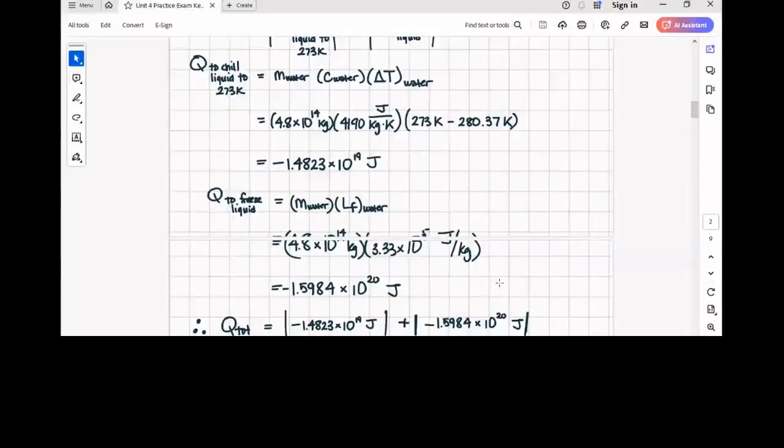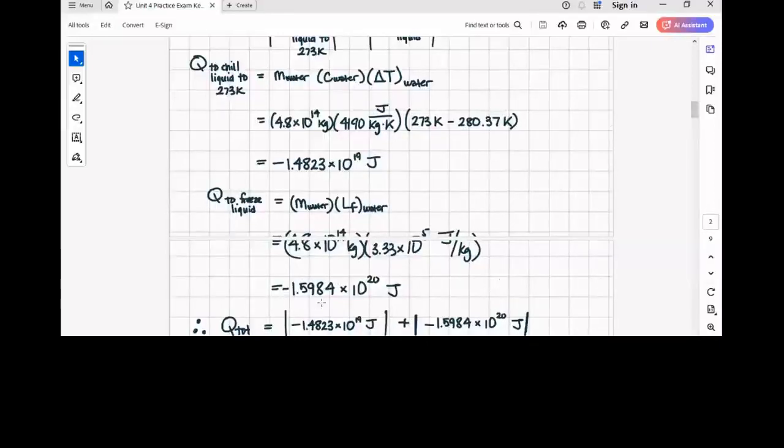Remember, latent heats do not have the temperature unit in the denominator because that process is associated with a phase change, but not a temperature change. So multiplying mass times energy per mass is just going to leave you with an energy. And I'm treating this as a negative because I know this is the heat that the water has to lose in order to change its phase.